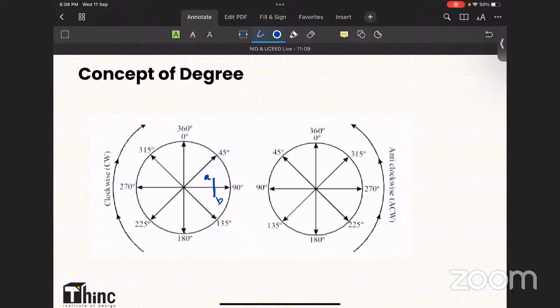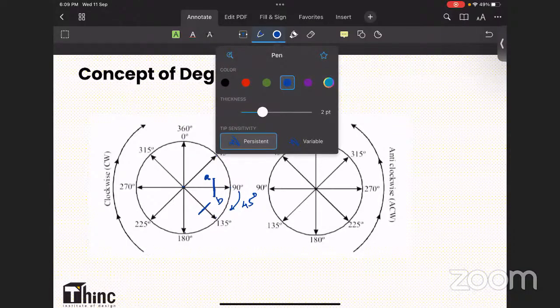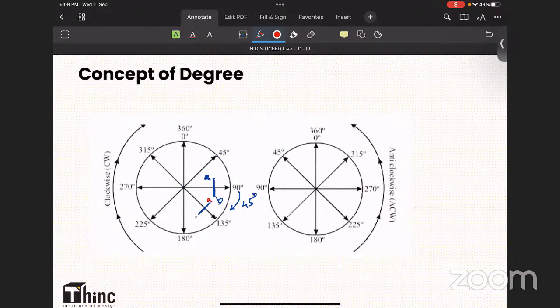If you are told to make a 45 degree rotation, centered over here, that line will come over here. That is a case of 45 degree, and the name's still AB.